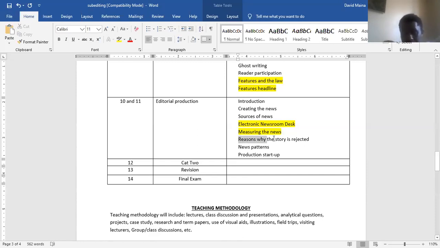And the other topic is, we are going to look at reasons why a story is rejected. Can you give me one reason why your story might be rejected as an editor, as a writer, or as a reporter? As a reporter, what might make your story be rejected by the editor?